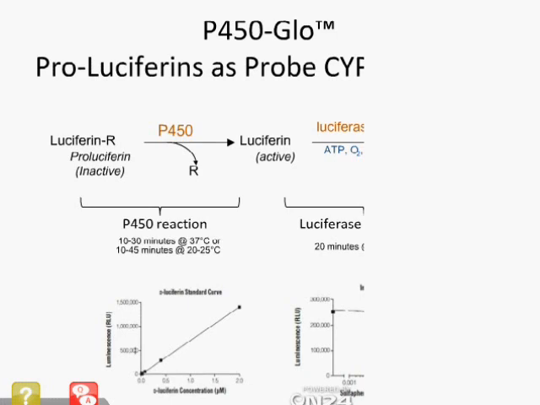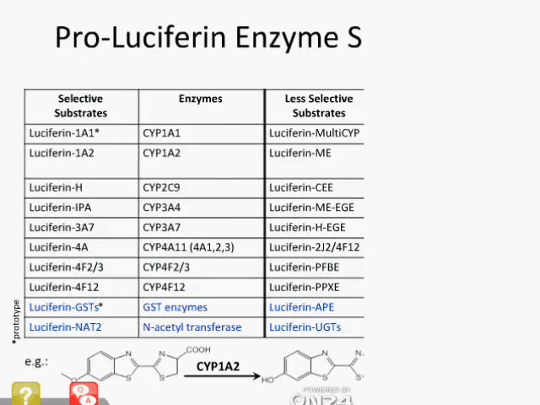We have a number of proluciferin substrates that are available for P450 studies, but we also have substrates for other enzymes involved in drug metabolism and modifications, such as monoamine oxidase and UGT and GST.